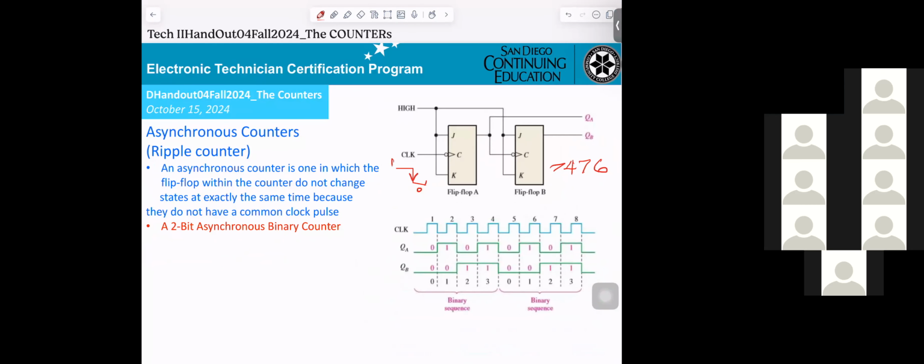And now, see what they say: an asynchronous counter is one in which the flip-flops within the counter do not change state at exactly the same time because they do not have a common clock point. What that means, I'll show you.